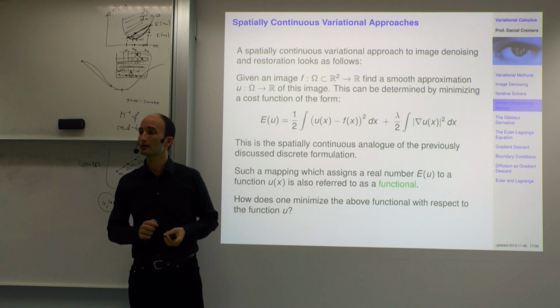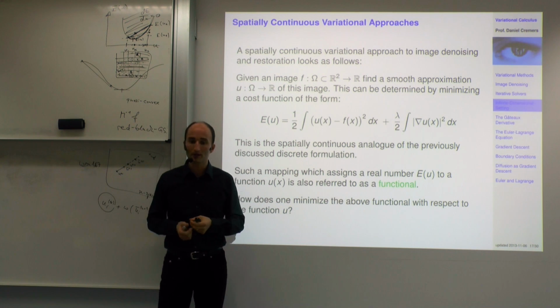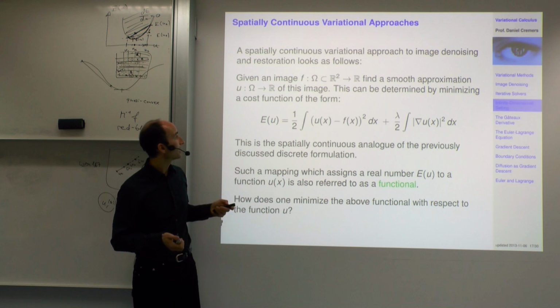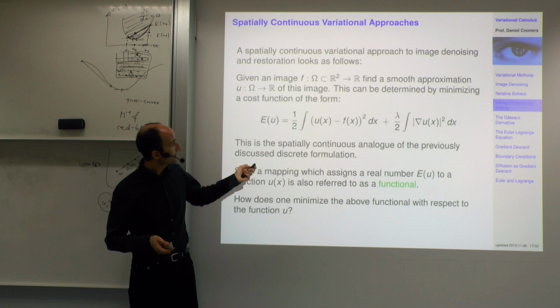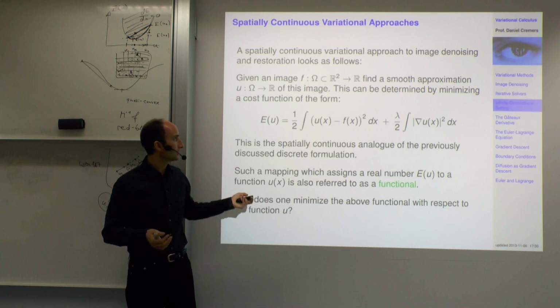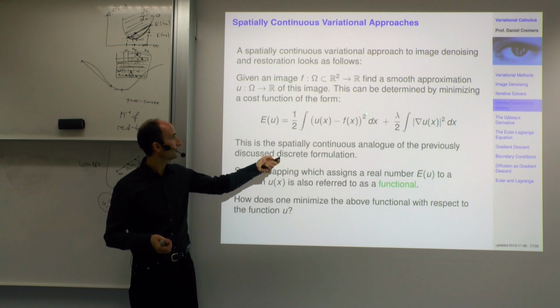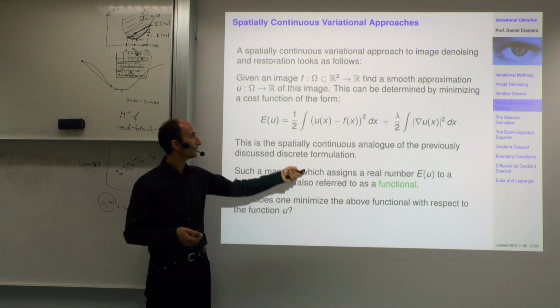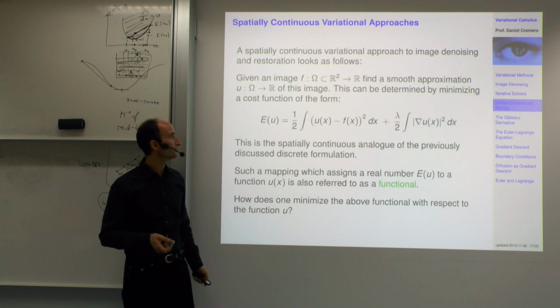And this is why I started with the discrete formulation first, to give you an intuition of what's behind it. This is the continuous version. You see it's essentially the same thing. We have a data term, the first one here, and a smoothness term, and you recognize the lambda is the weight of the smoothness term.